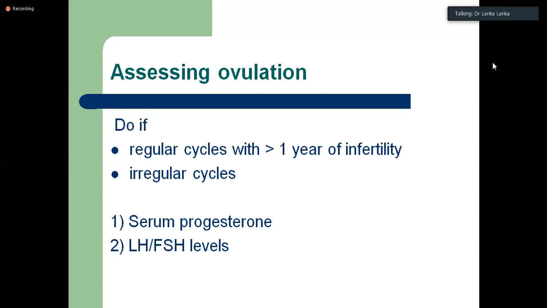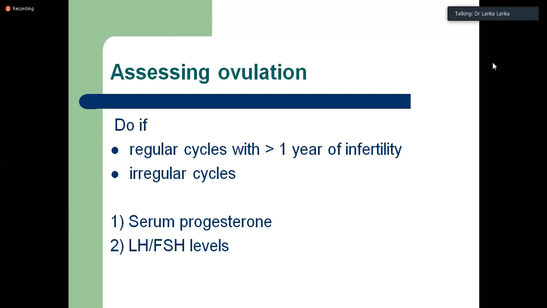Then LH and FSH levels. If LH and FSH levels are deranged, it is usually polycystic ovarian syndrome, where the ovulation is defective. And then there is another test called the dipstick test. Like a pregnancy test at home, you can use a urine sample.